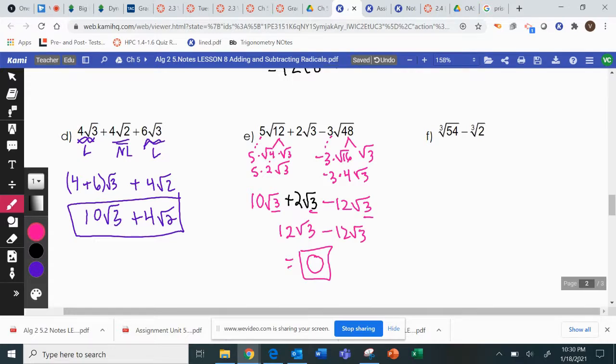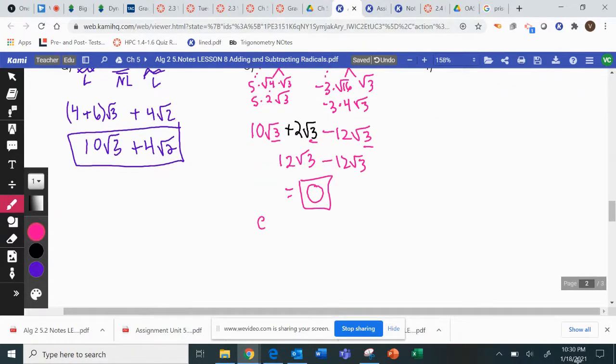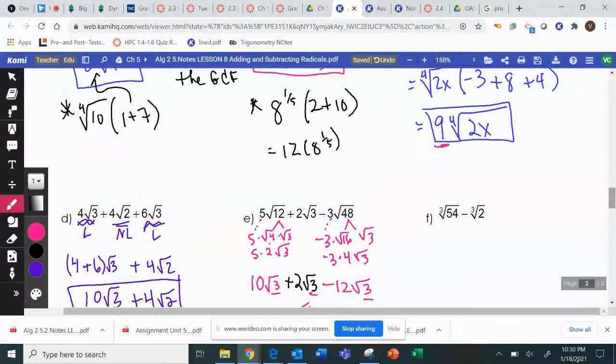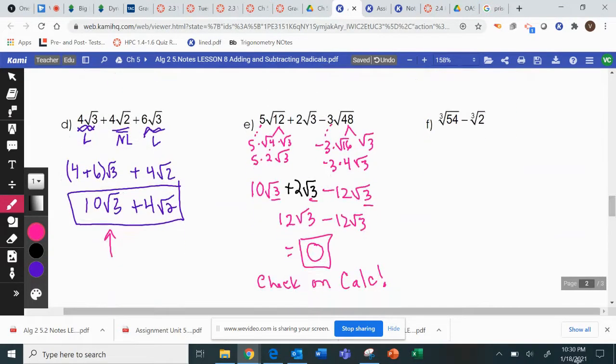Now, if I'm not sure if that's correct, I could check it on my calculator. I cannot check this one. Well, I can check that they're equivalent, but if I type this in the calculator, it's not going to give me that answer because your calculator will not give you square root of 3 answers. If I type this in the calculator, it could give me 0 as my answer if that is the correct answer.